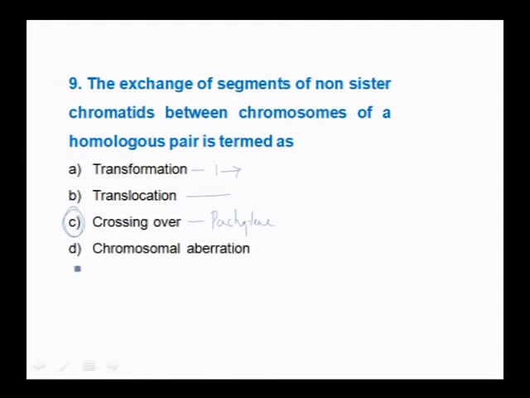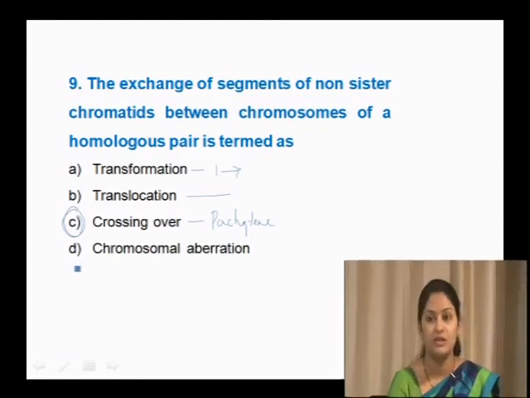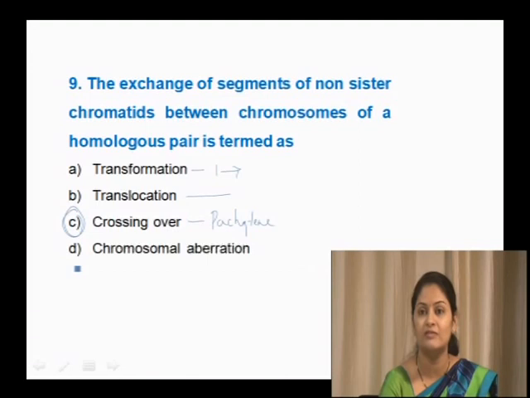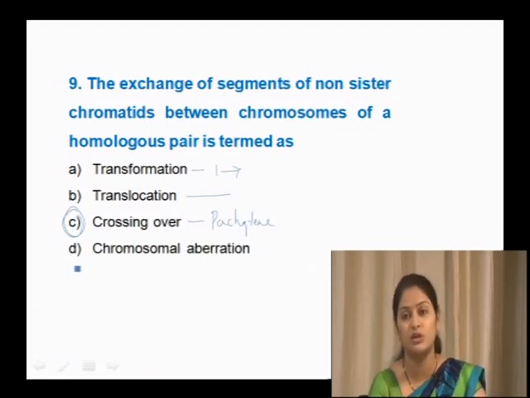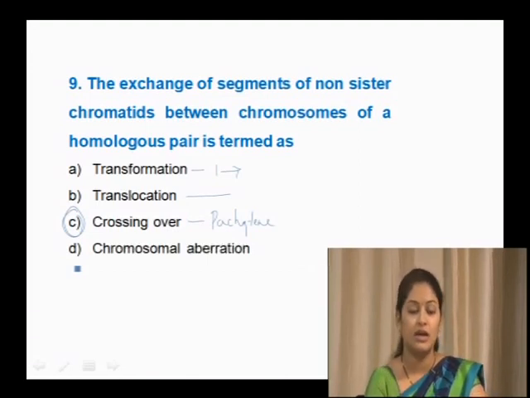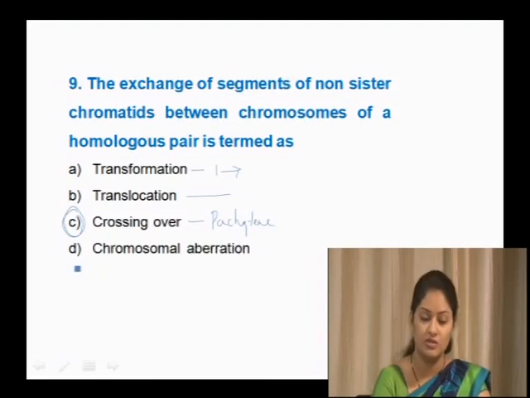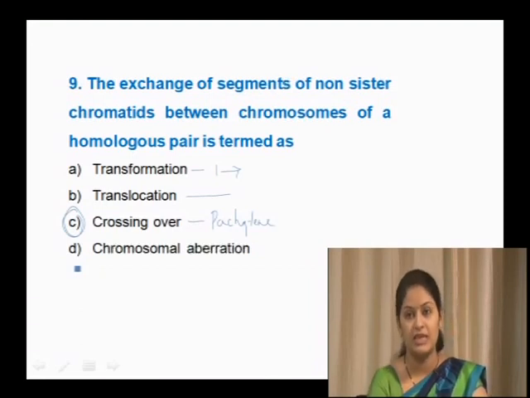Option D is chromosomal aberration. This is also a kind of mutation or chromosomal disorder which will either delete a part of the chromosome or cause other processes which lead to problems in the working of the cell, thereby the working of the organism. So the answer for the 9th question is crossing over, which means the exchange of chromatids.